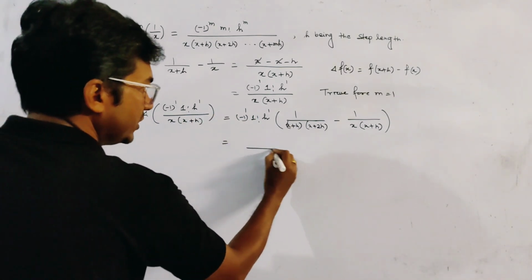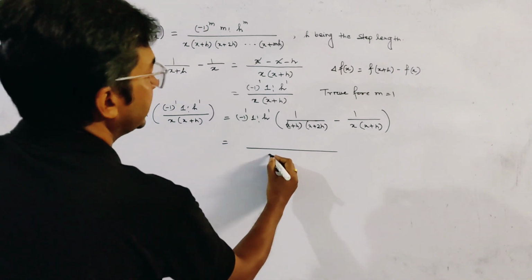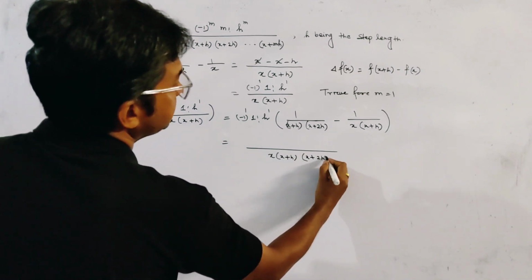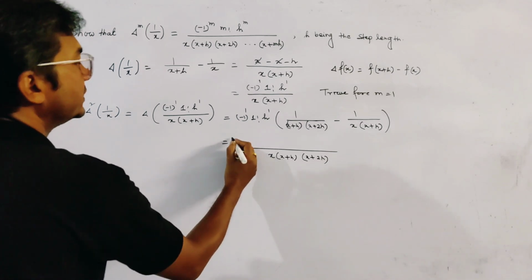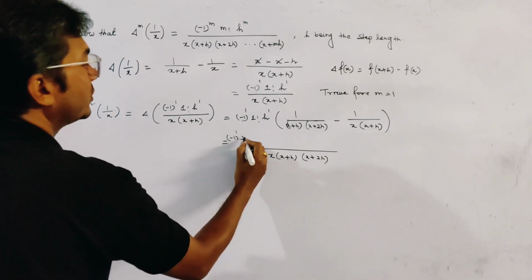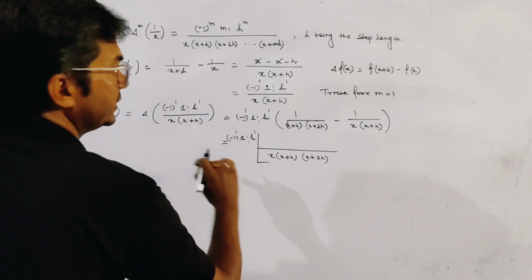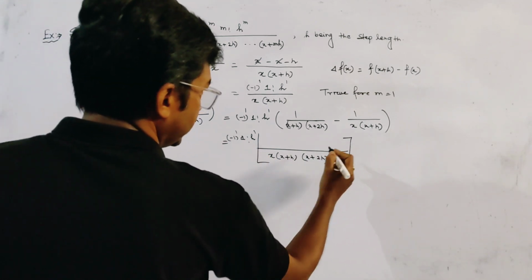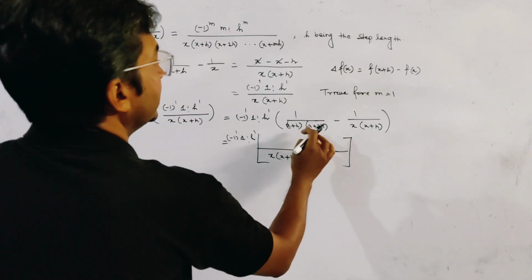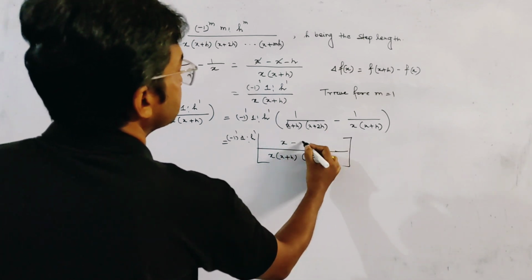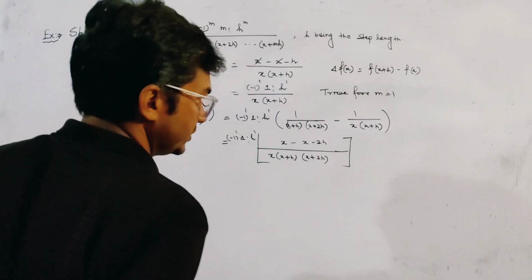Now again we take the LCM, we get x into x plus h into x plus 2h. Then this is minus 1 to the power 1 factorial h to the power 1, and this is given by x minus x minus 2h.